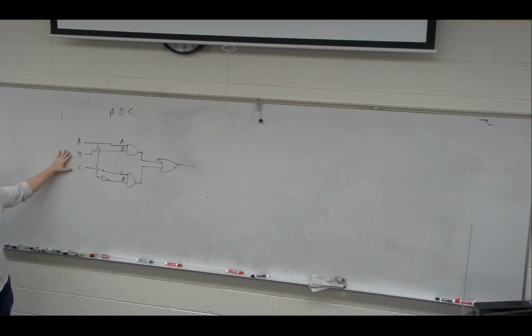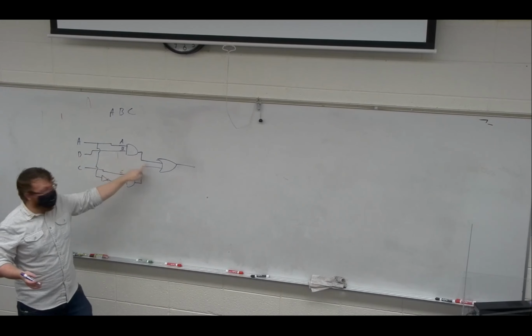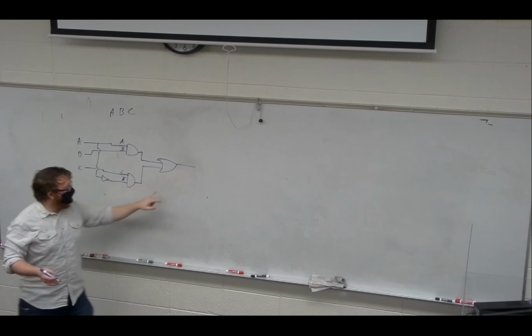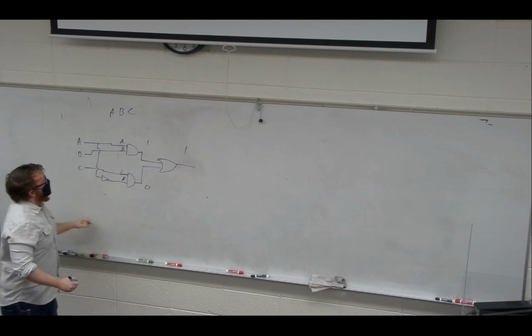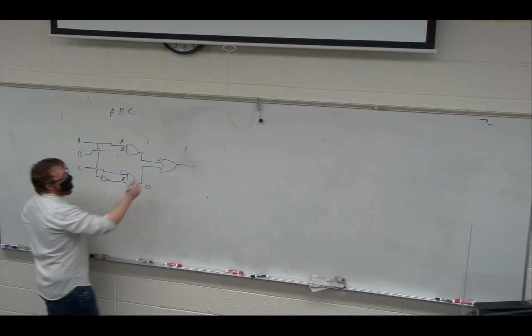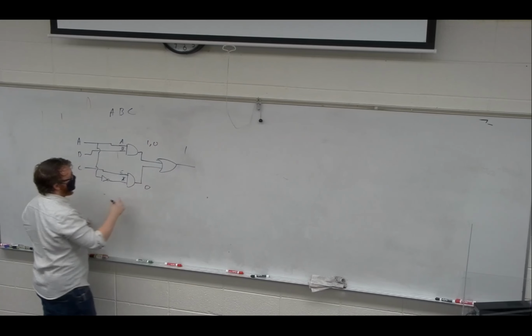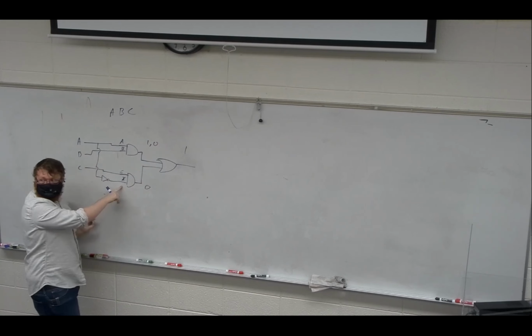Then if A is 1, we would have 1 and 1. That means the output is 1, output is 1. We have a 0 here, so we have a 1 here, a 0 here, a 1 here. If A is 0, this is 0, but C is 1, A bar is 1.